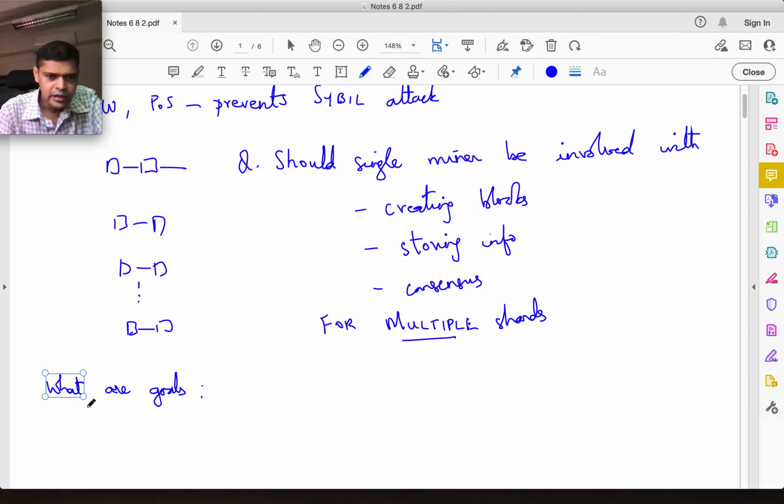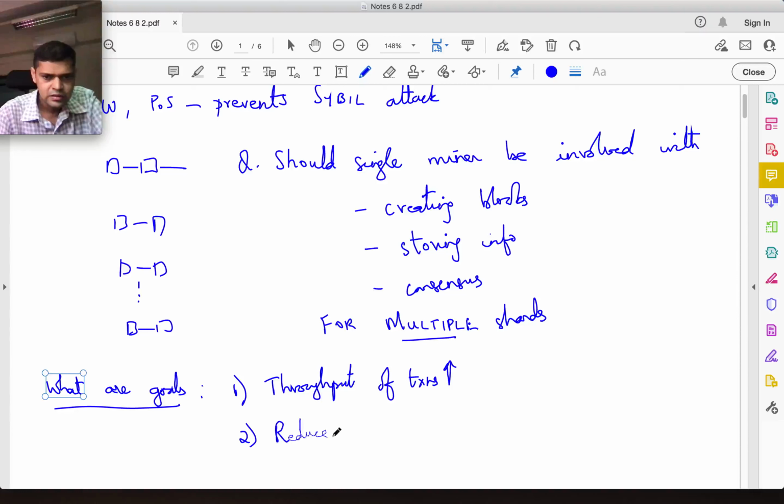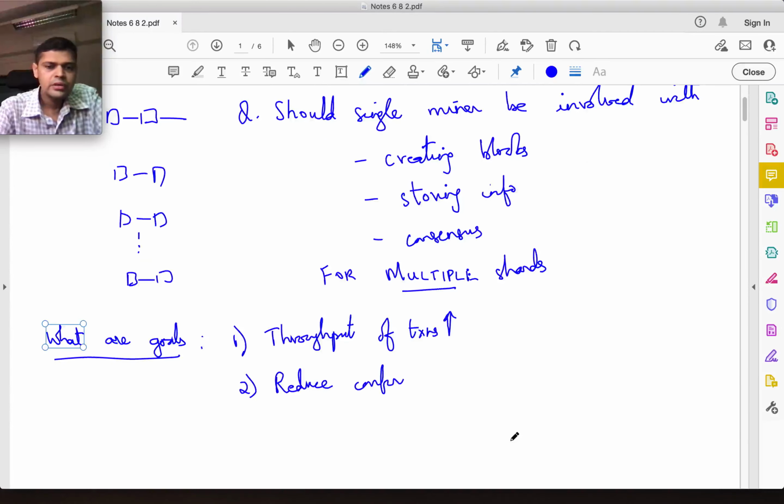Really we are looking at performance. One is we want to increase the throughput of transactions, and we would like to reduce the latency. So how are we going to achieve these goals?